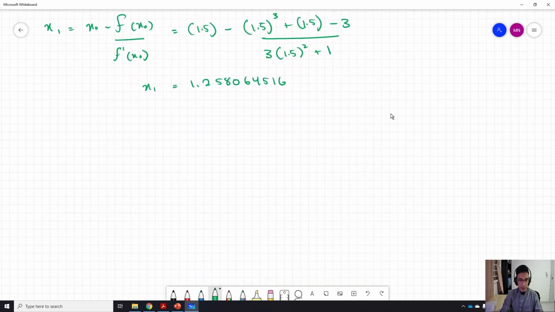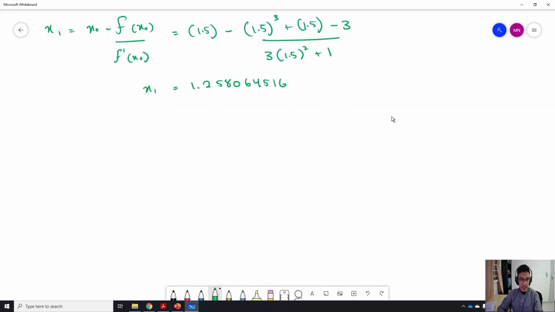Okay, so getting x1 is not the final answer. What we need to do next is to find x2. So x2 will be x1 minus f(x1) over f'(x1). You substitute the value of x1 into the formula.